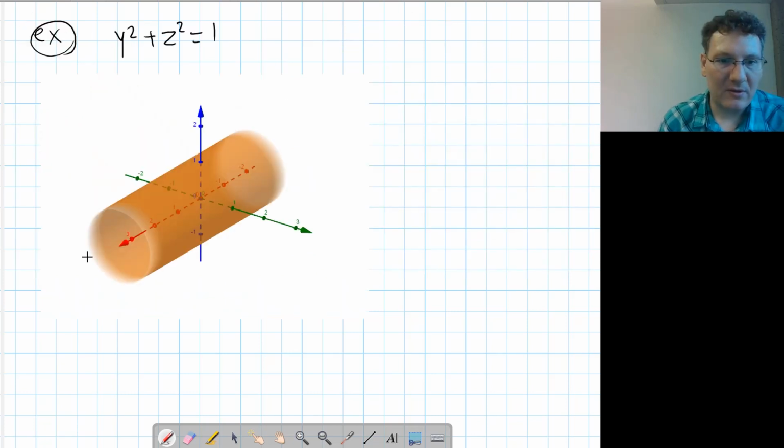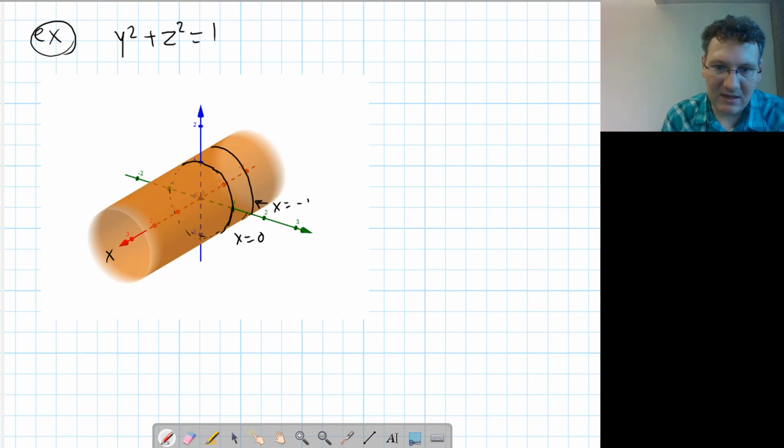Here's another example. This one is y squared plus z squared equals 1. You can see in the x direction, for any value of x you pick, you're going to get a different circle. This is my attempt at illustrating this, going through the proper points. Here's the circle where x equals 0, and here is approximately when x equals -1.